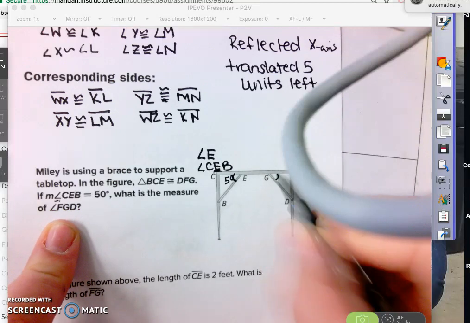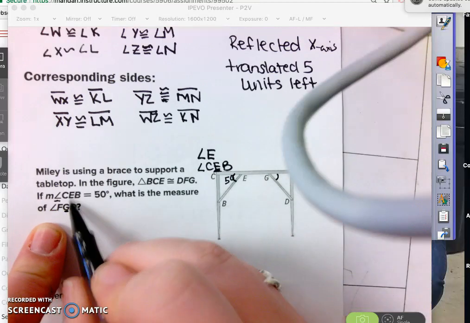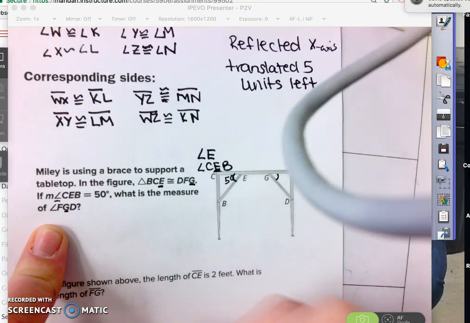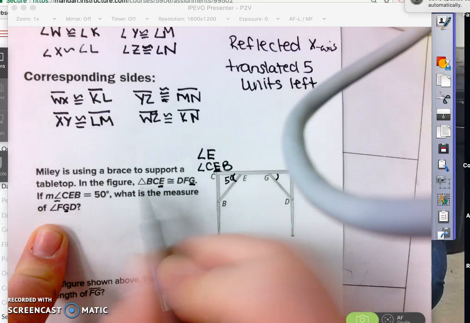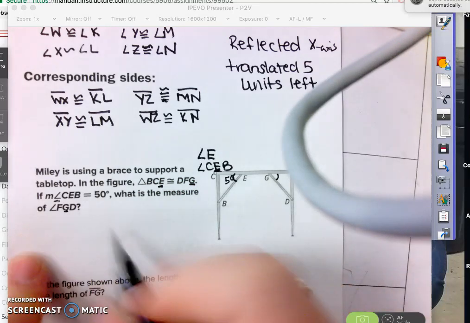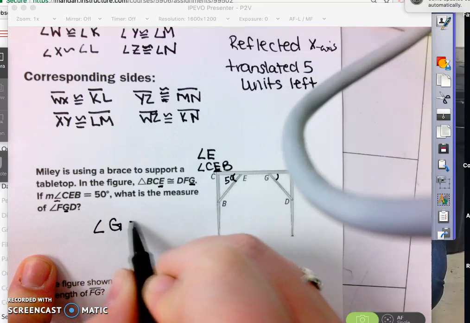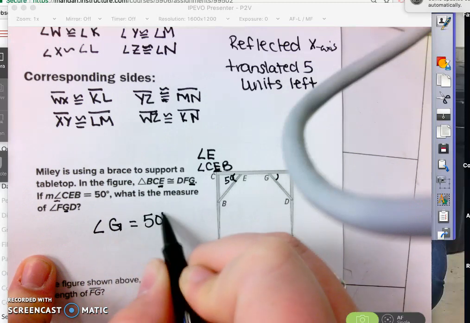So this one here, well, is G the same as E? Well, here G and E are the last in when naming it, so they are going to be the same. So angle G is also 50 degrees.